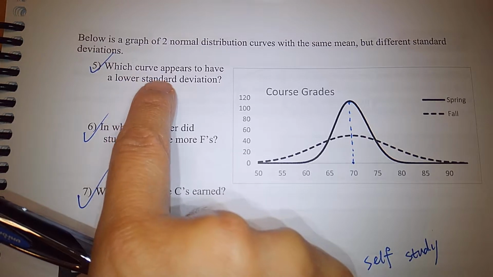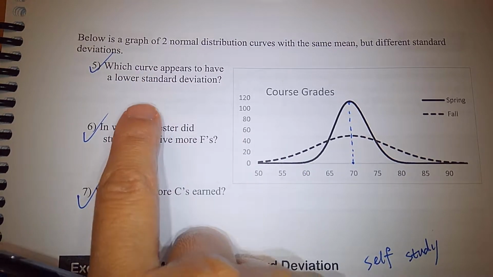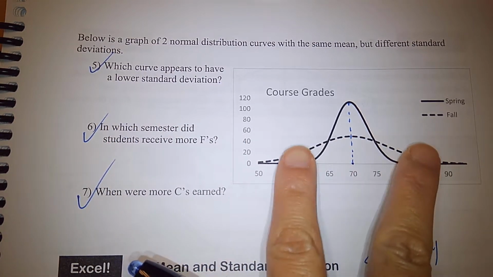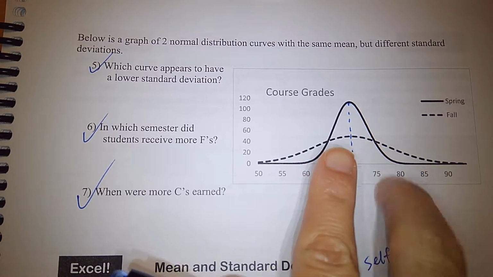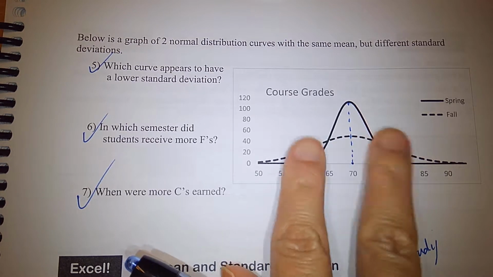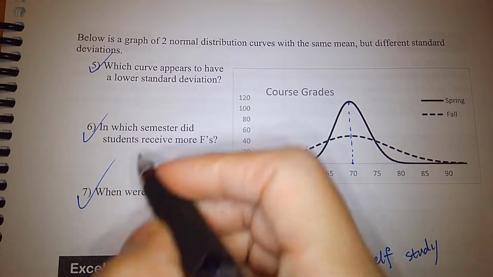The larger the standard deviation, the more spread out it is. So lower standard deviation means data values are more clustered in the middle. So which curve appears that way, the solid line or the dashed line? I would say spring.